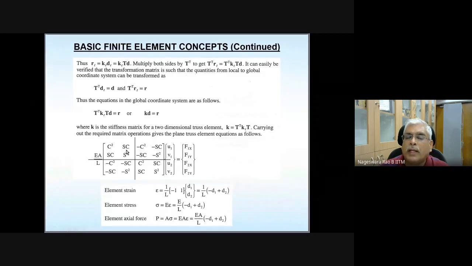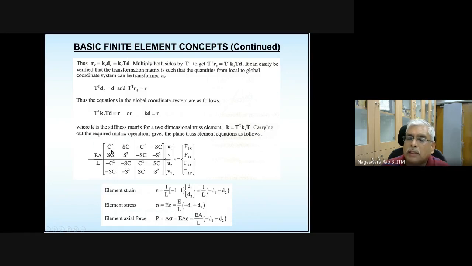You remember only this portion: C square, SC, SC, S square. Please note that this is a symmetric matrix. Off diagonal terms are such that the 1, 2 location is going to be the same as the 2, 1 location. So remember this top corner: C square, S times C, S times C, S square.